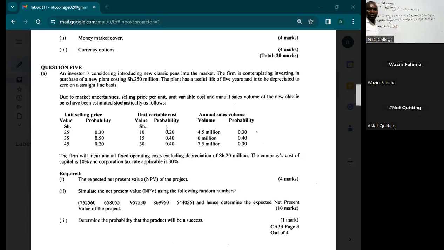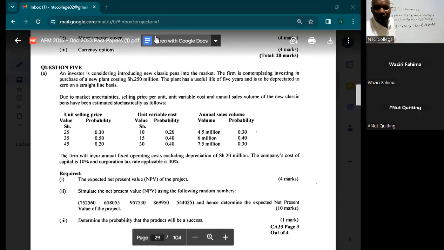The expected quantity is 4.5 million times 0.3 plus 6 million times 0.4 plus 7.5 million times 0.30. Those are the expected items.